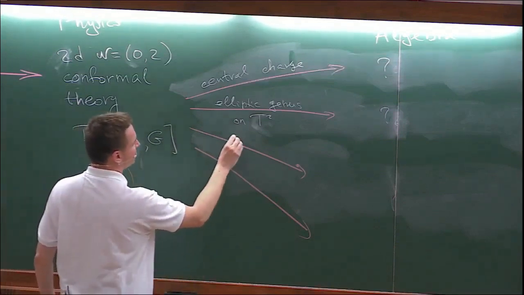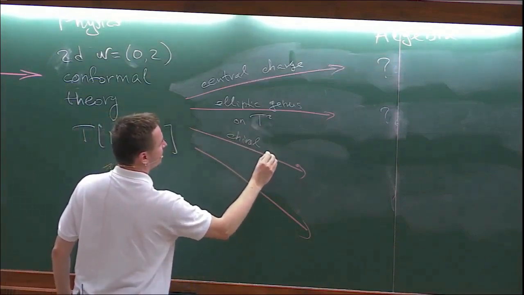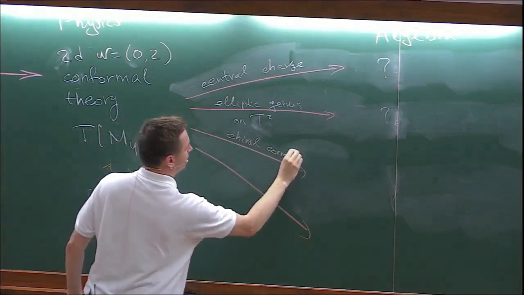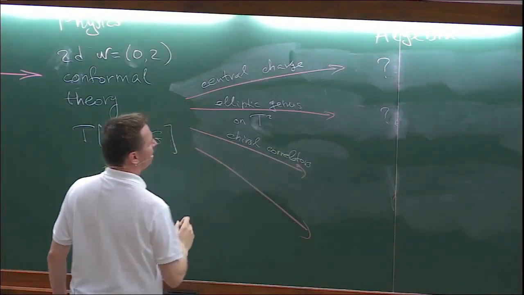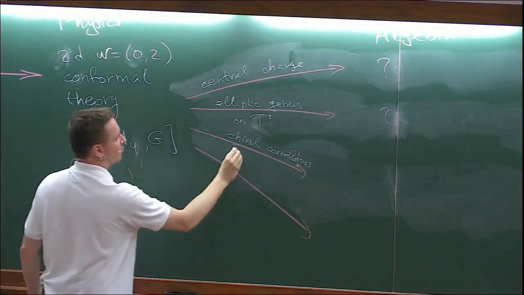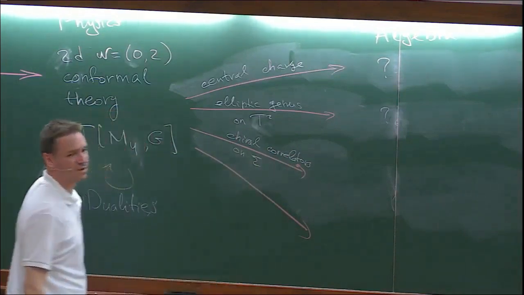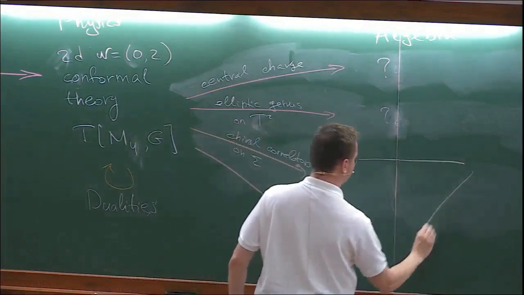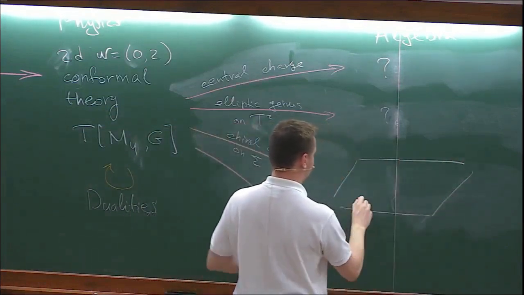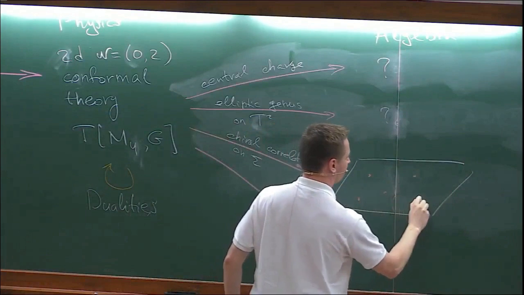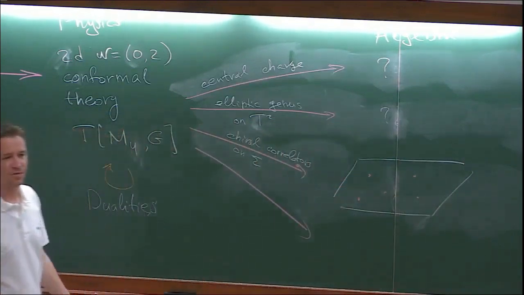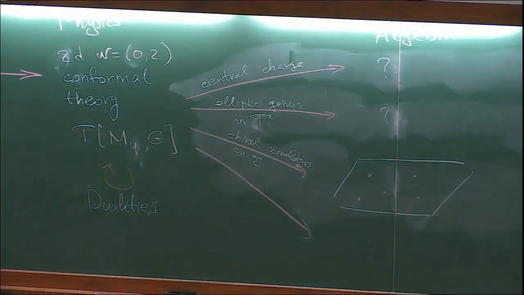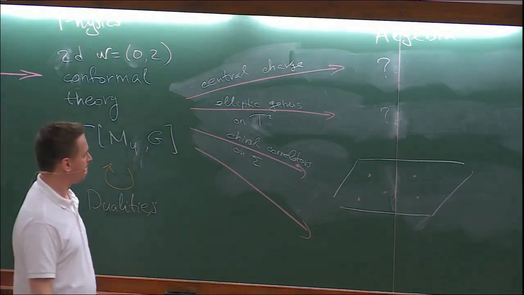And you can consider analogous chiral correlators on various Riemann surfaces Sigma. For example, you can consider a plane with a bunch of insertions of various operators and ask what that computes for you. Again, it should be some topological invariant.